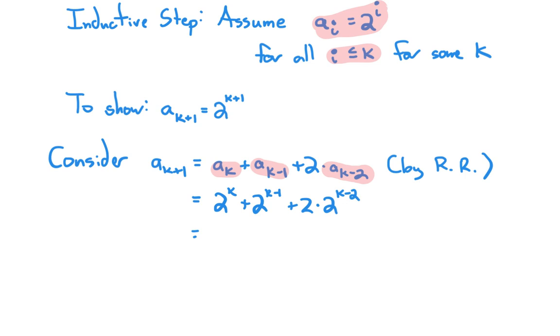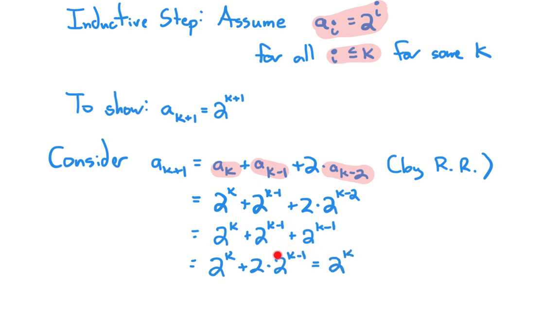Here we have k-2 2's and an additional 2. So this is 2 to the k plus 2 to the k-1, plus this ends up being k-1 2's. And then here, a similar thing happens. Here we have 2 to the k-1, so I can rewrite this as 2 to the k plus 2 times 2 to the k-1, which is indeed 2 to the k.